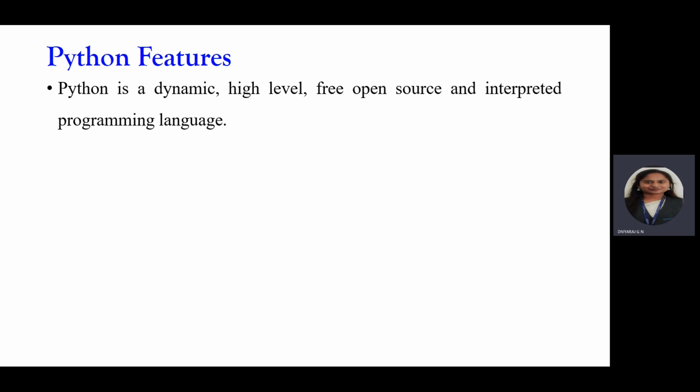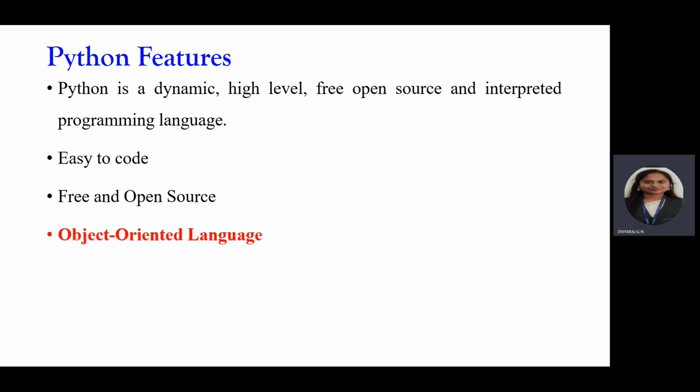Before going for this, let's start with Python features. As you all know, Python is dynamic, high level, free and open source, and also an interpreted programming language. So it is easy to code, and it is an object oriented language.